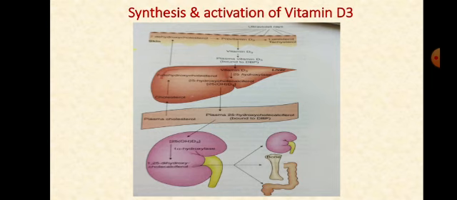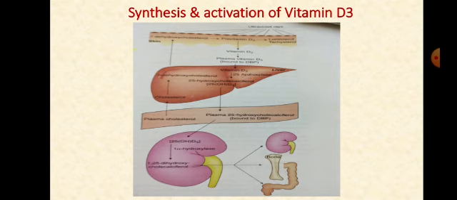Pre-vitamin D3 is blood-borne to different organs for further metabolism, like liver and kidney, where the activation process takes place, and vitamin D3 is hydroxylated at different places to give rise to activated vitamin D3, 1,25-dihydroxycholecalciferol.